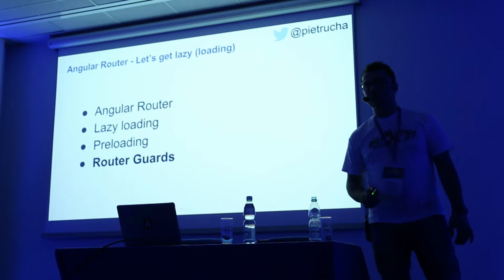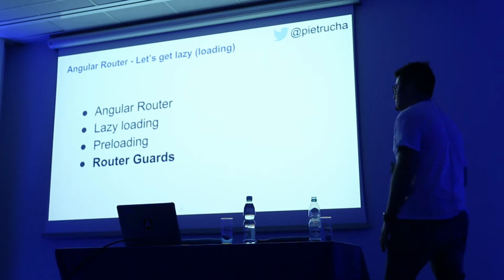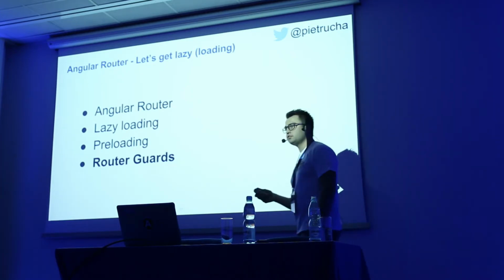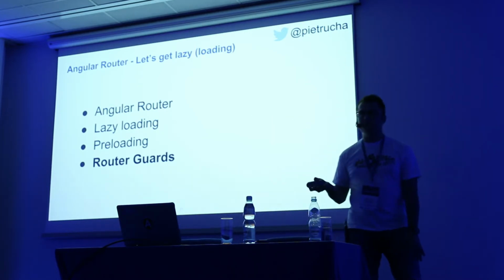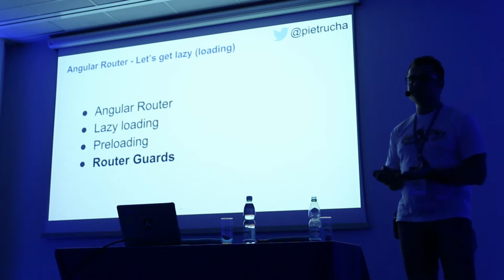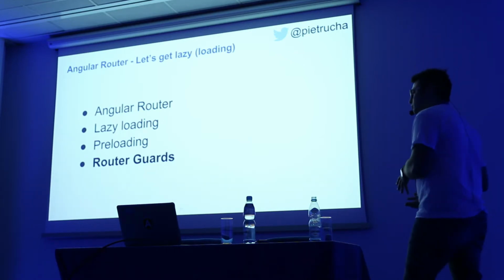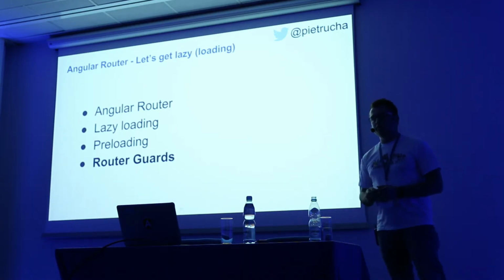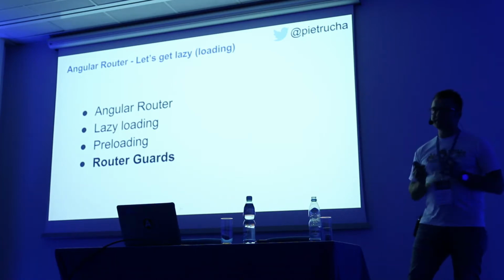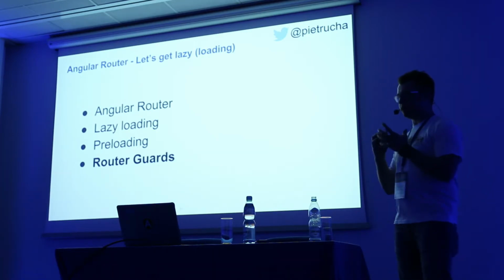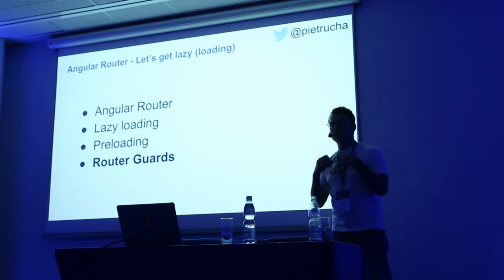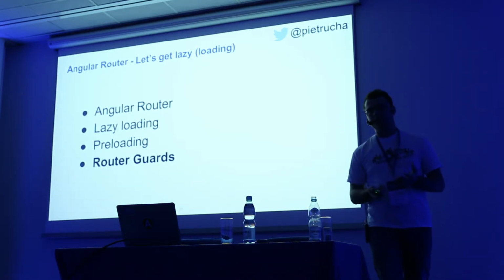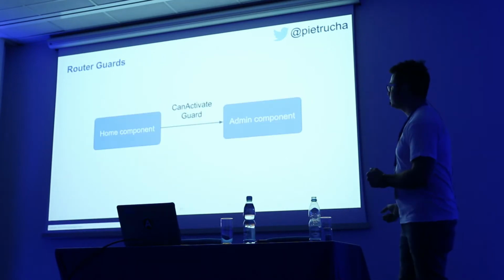And the last thing to learn to make most of Angular router are router guards. Imagine the situation that we want to prevent a particular user, under particular circumstances, from either activating or deactivating a particular route. We have some entities called guards, which guard from entering or activating particular routes.